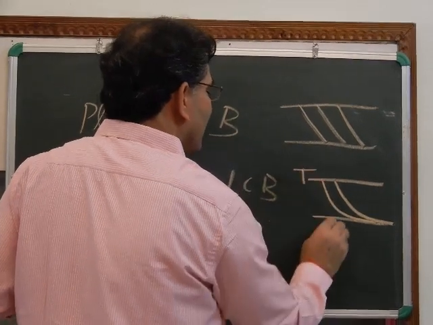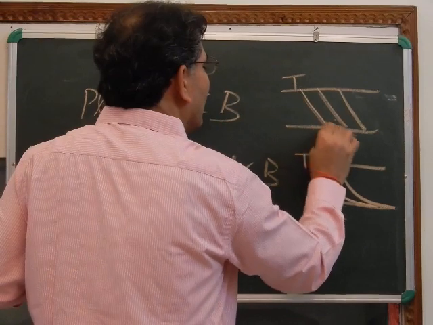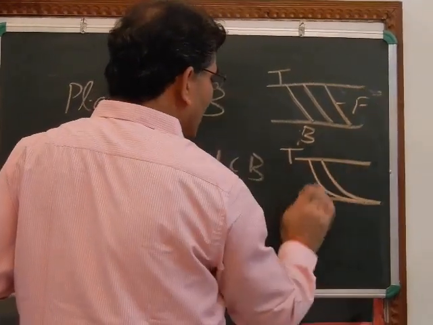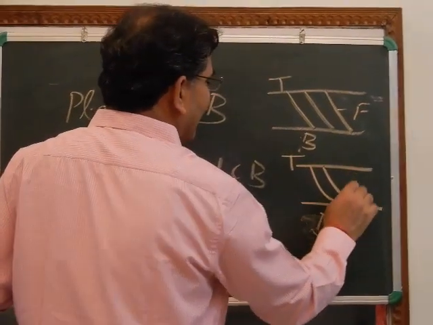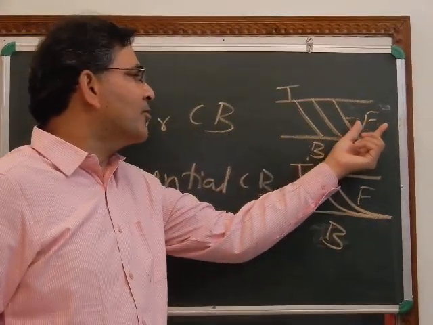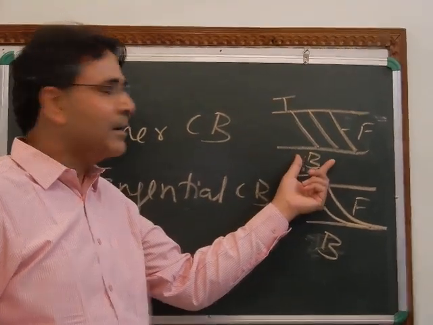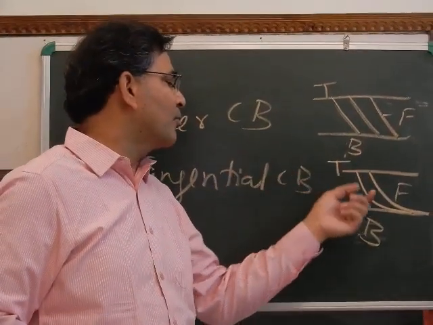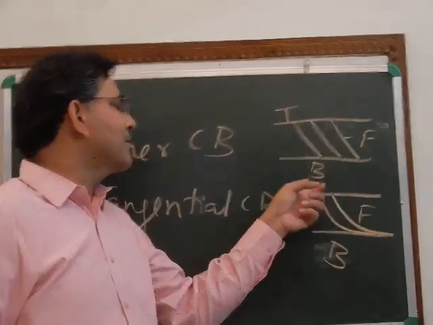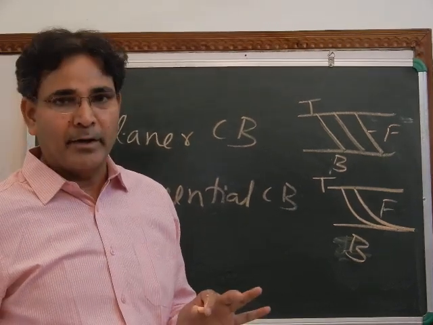This is top set, foreset, bottom set, and this one is top set, foreset, bottom set. So in planar cross bedding, the foreset laminations are angular to both top set and bottom set, whereas in tangential cross bedding, they are angular to the top set, whereas they are tangential to the bottom set.